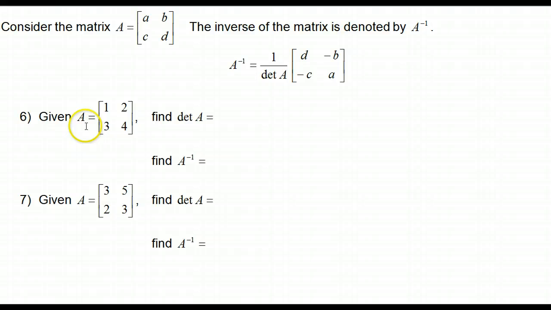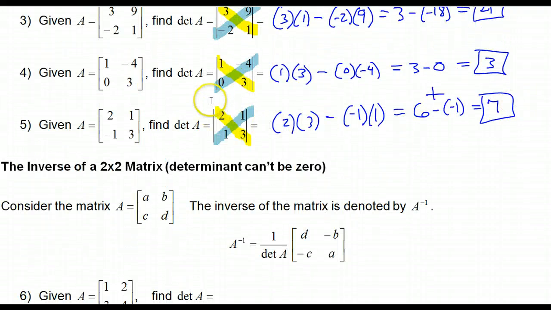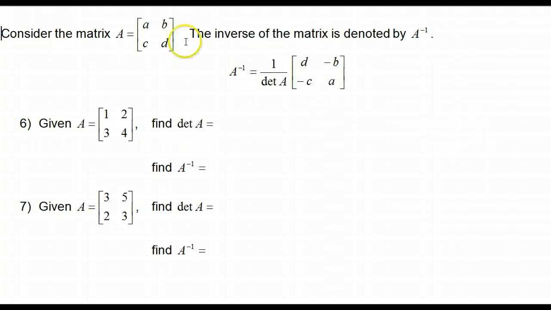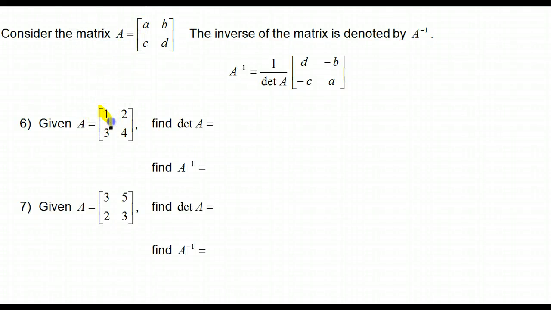Okay, anyway, so if I want to find the inverse of matrix A, which is my ultimate goal, first we need the determinant. So we're going to do just like we were doing before. We're going to do the down diagonal minus the up diagonal. So that's what we do first. Find the determinant.